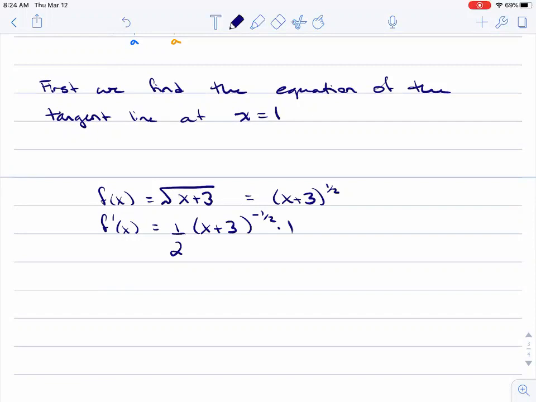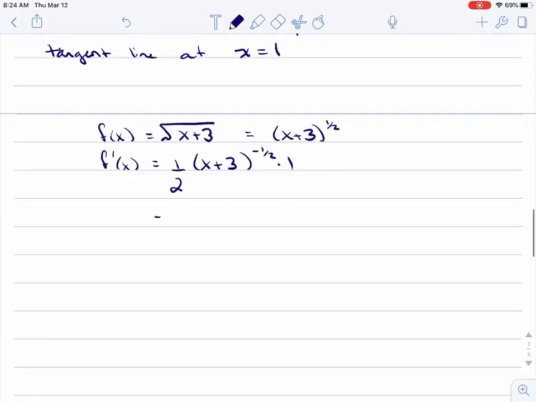And so I can rewrite this as 1 over 2 root x plus 3. Because I've got the power of negative 1/2, the negative puts it in the denominator, but the 1/2 makes it a square root.